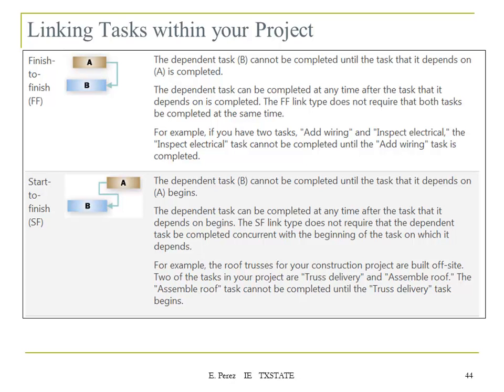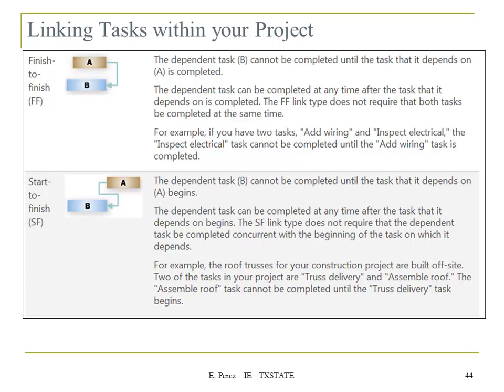Then we have a finish to finish link. This one basically says that both of the tasks need to be completed at the same time. The dependent task B cannot be completed until the task that it depends on, A, is completed. And the last one is start to finish.